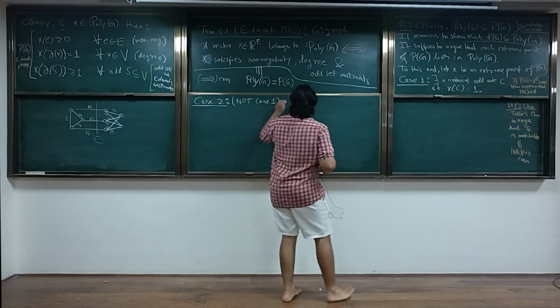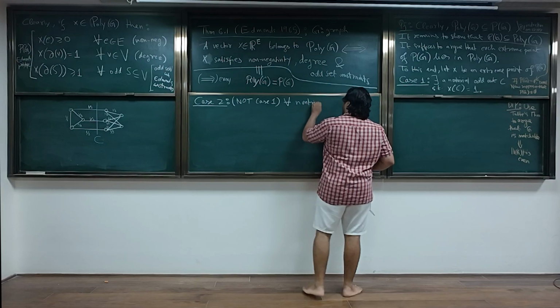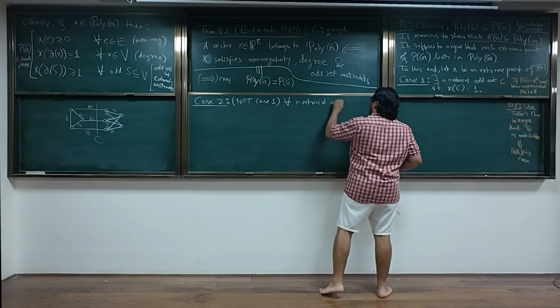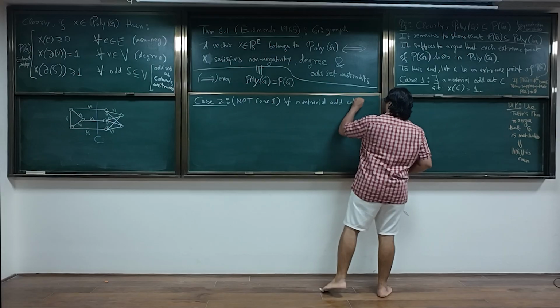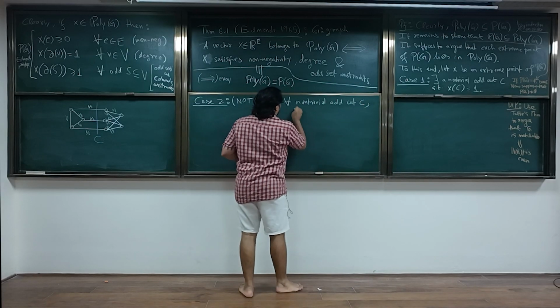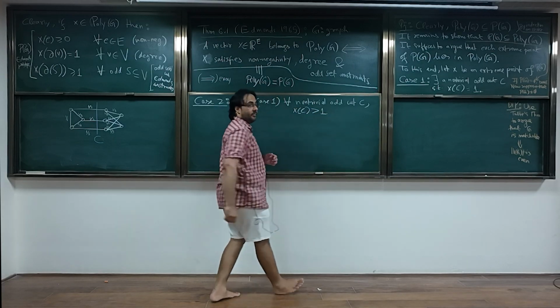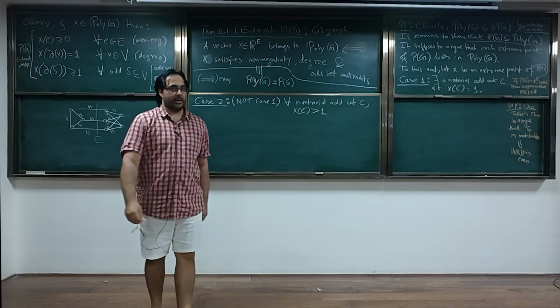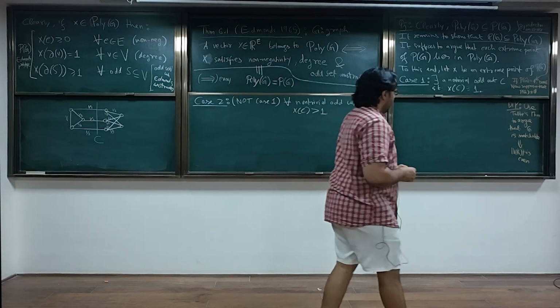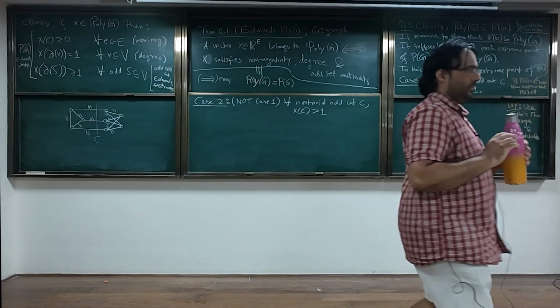In other words, for every non-trivial odd cut C, x of C is strictly greater than 1. Yeah? These are the two cases we will deal with. Okay. Questions, concerns? All good?